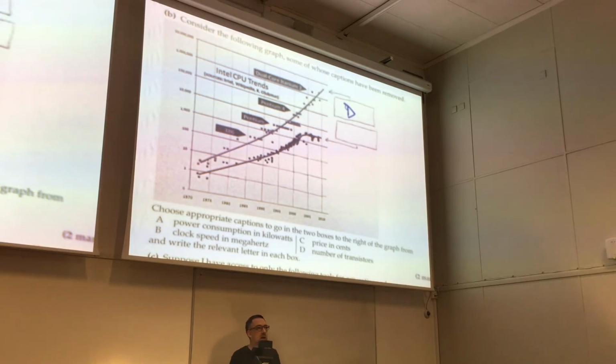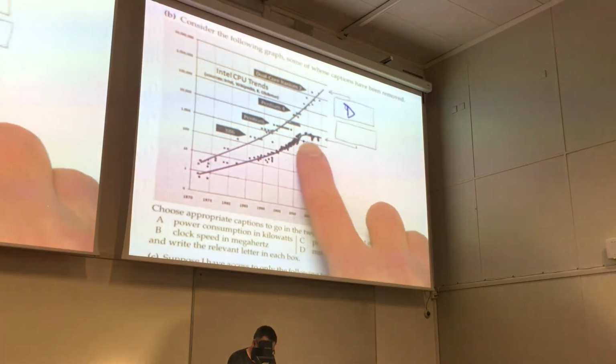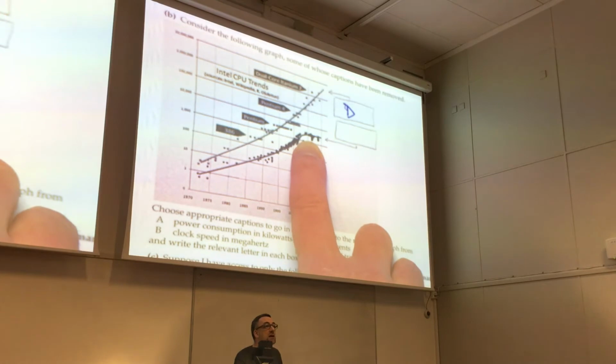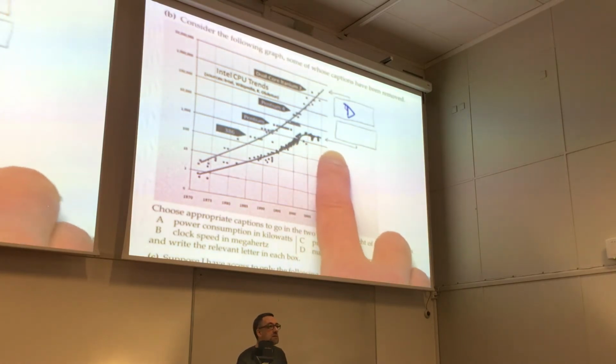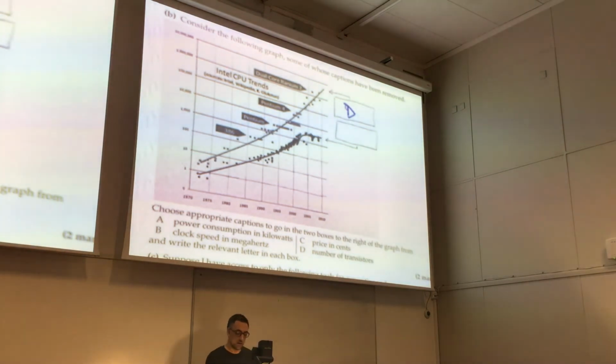What about the other curve? You can see that it grows exponentially until about 2000, and then it pretty much levels off. What do we think that is? Clock speed. That is clock speed. It has been growing very slightly since then.